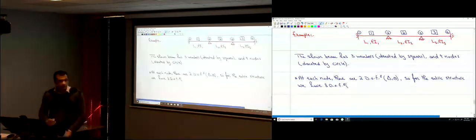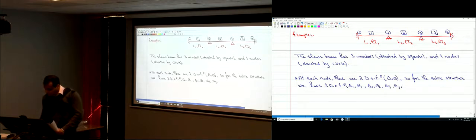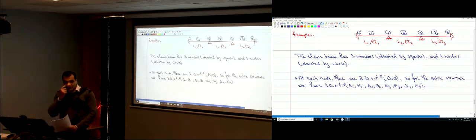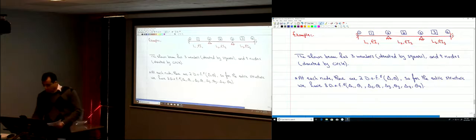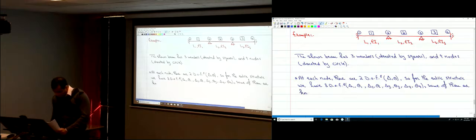What are those 8 degrees of freedom? A delta 1 and a theta 1 at node 1. A delta and a rotation at node 2. A delta, a vertical displacement, and a rotation at node 3. A vertical displacement and a rotation at node 4. Those are the 8 degrees of freedom that we have. Some of those are known, and some are unknown.